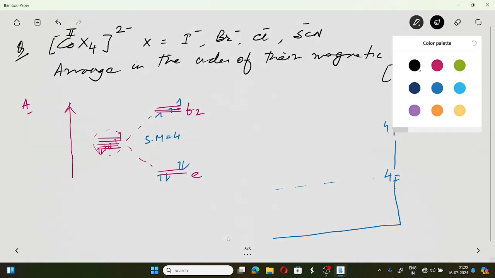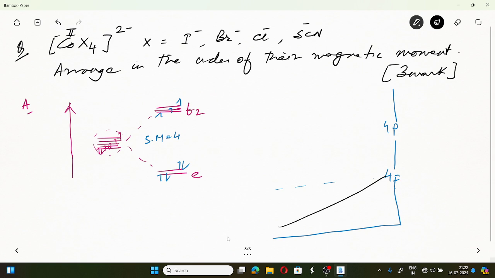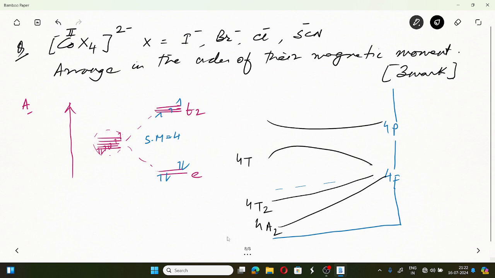That means you have to draw the orbital diagram in your exam. So the ground state term, if you remember, it is quartet A2. Then this is quartet T2 and quartet T1 from F and quartet T1 from P, like this.